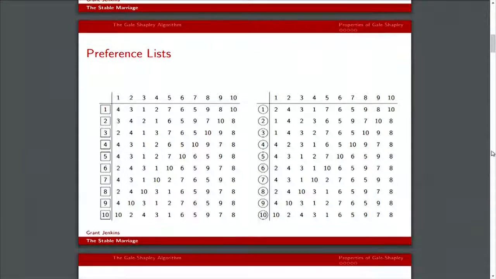These ranks here are all columns, and man number one has an opinion on every single one of the 10 women. I'm just going to be explaining from the men's side because all of these properties hold true for both men and women. The preference lists work the same.